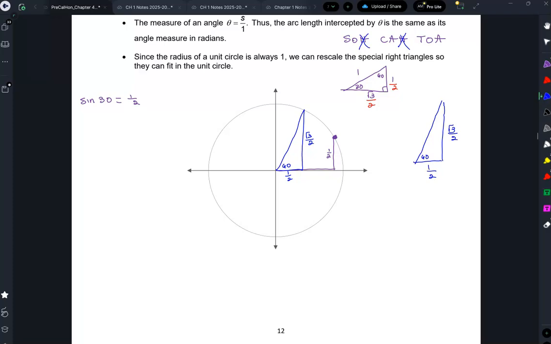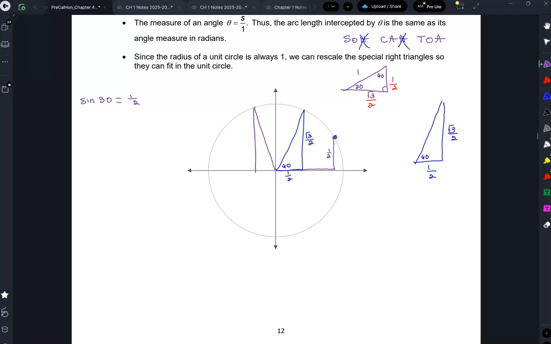Let's take another one. Let's take 2 pi over 3. 2 pi over 3 is in this quadrant here. 2 pi over 3 corresponds to what angle, 30 or 60 degrees? 60. So that's the big angle there.